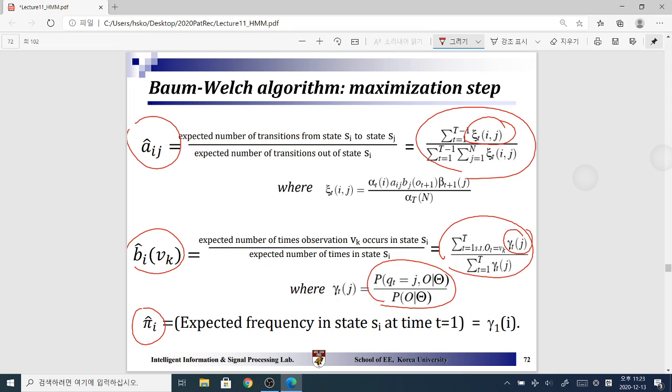And the initial probability can also be obtained by the gamma, because gamma sub t of j essentially means the probability of being at state j at time t. So pi sub i would actually be gamma sub 1 of i. So you could use the gamma to obtain pi sub i, which is the initial probability.